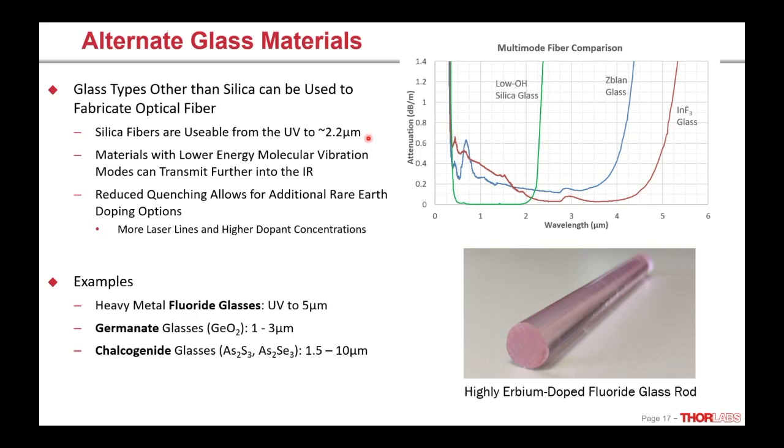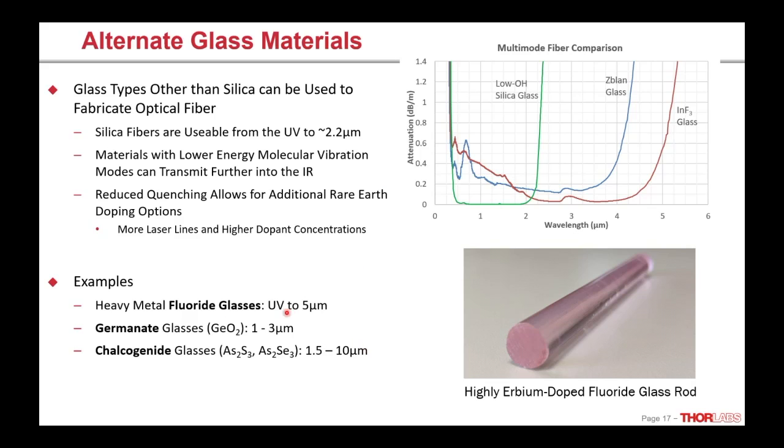But if we use materials with lower energy vibrational modes, we can transmit further into the IR. And this basically means we're going to use a heavier glass host. Not only can that heavier glass host allow us to transmit further into the IR, it also can open up new laser lines with rare earth doping that would be quenched in the silica glass host.